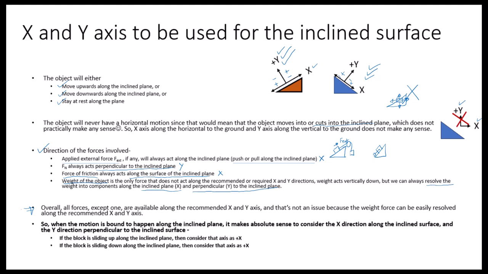I have added one comment: take plus x as the direction where the motion of the object is. So if the block is sliding up, then up the inclined plane should be considered as positive x. And if the block is sliding down the inclined plane, then consider down along the incline as the positive x direction. So these are some simple tips and tricks which are going to be very useful to you when you solve the problems or numericals.